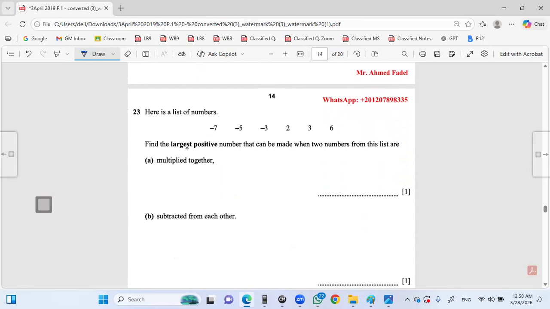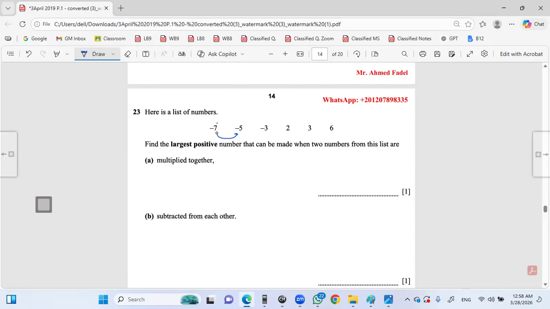Here is a list of numbers. Find the largest positive number that can be made when two numbers from this list are multiplied together. Well, if you multiply -7 by -5, what is this going to give you?